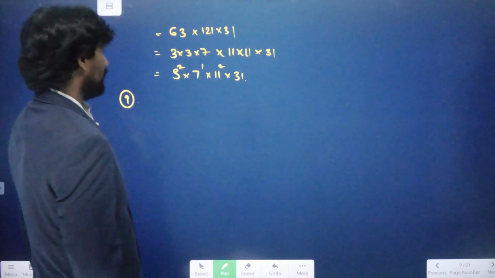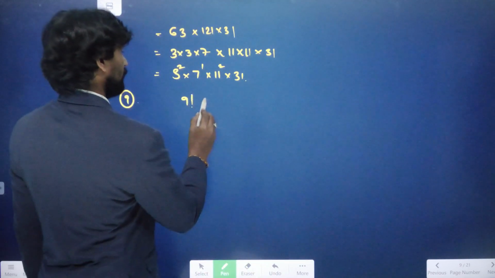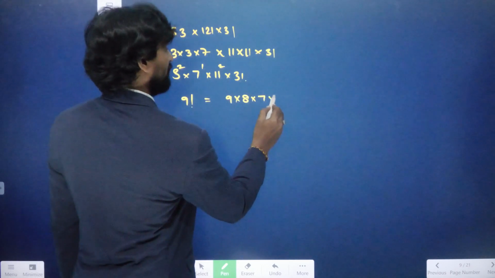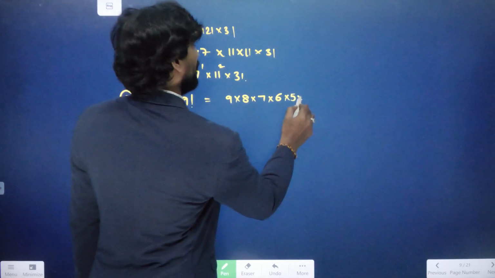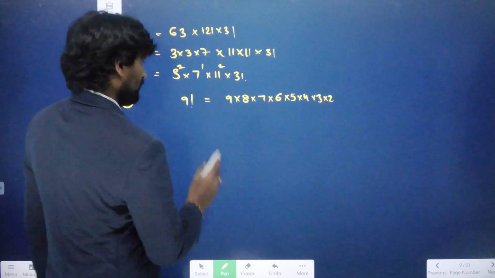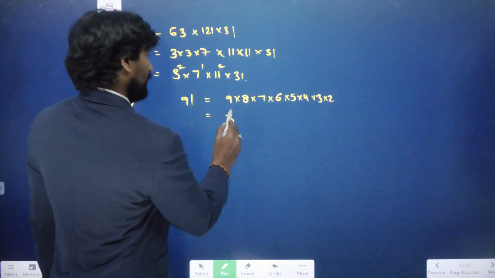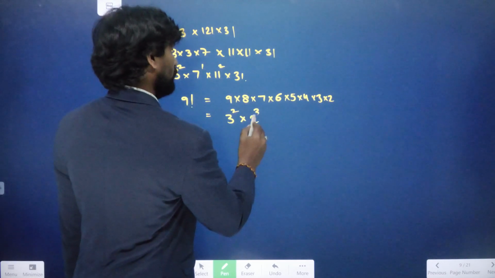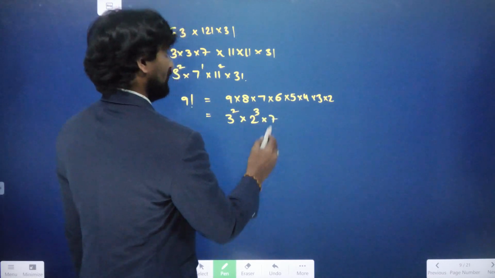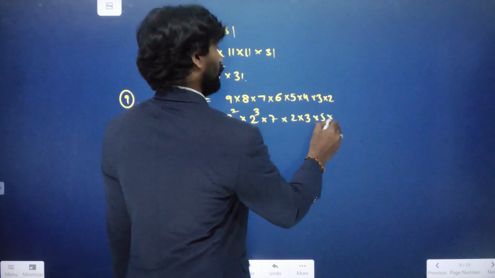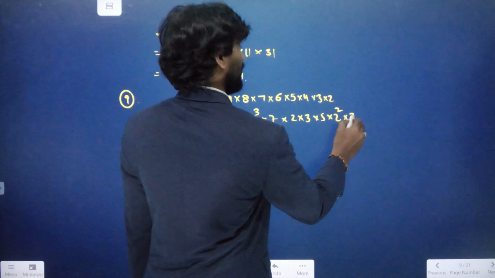Okay, so let us try to write the 9 factorial. 9 factorial I can write as 9 into 8 into 7, 6, 5, 4, 3, 2, 1. So 1 we can neglect. Now 9 can be written as 3 square. 8 can be written as 2 cube. 7 is already a prime number. 6 can be written as 2 into 3. 5 is a prime number. 4 is 2 square. 3 into 2.